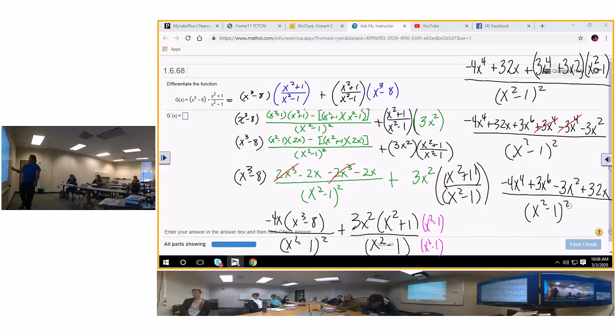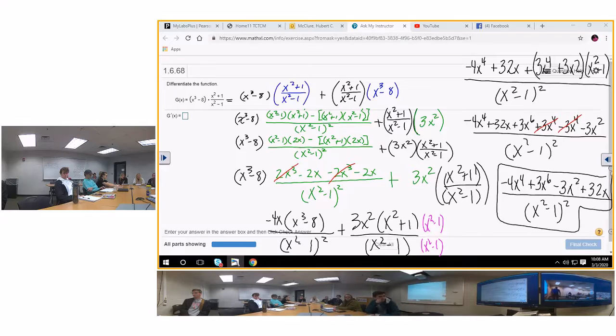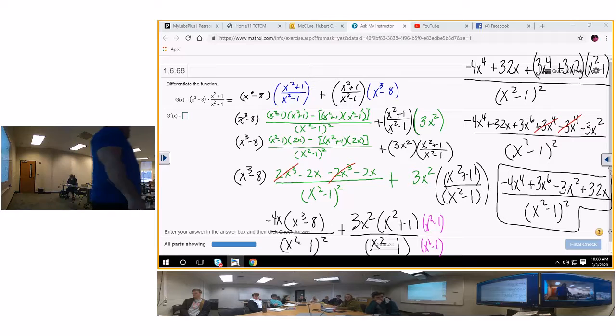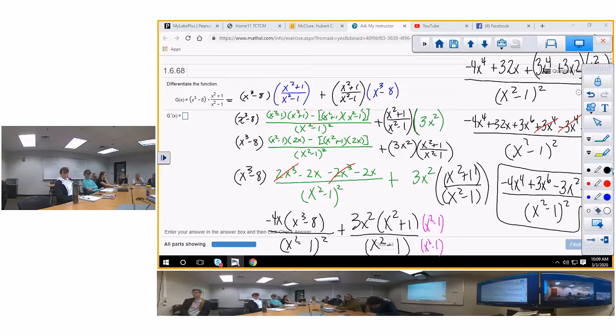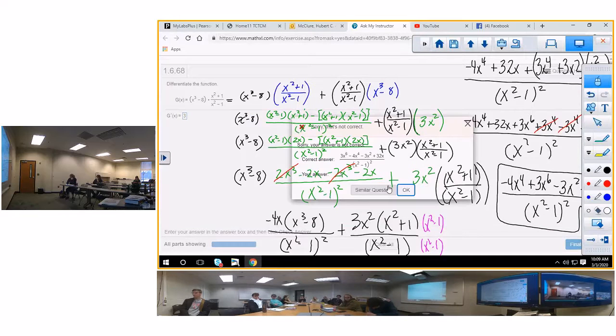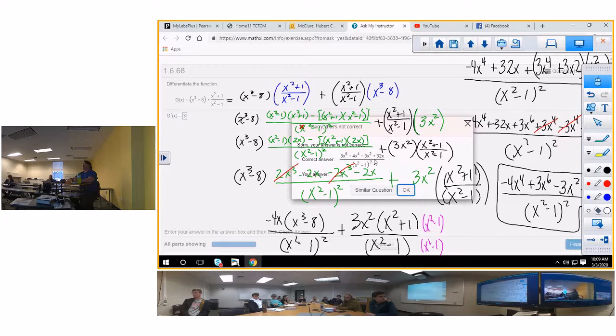I have no idea. Y'all check my algebra. I could have dropped the sign in there somewhere, but let's see what they got. Three x to the sixth minus 4x to the fourth minus 3x squared plus 32x, and you feel good about yourself.